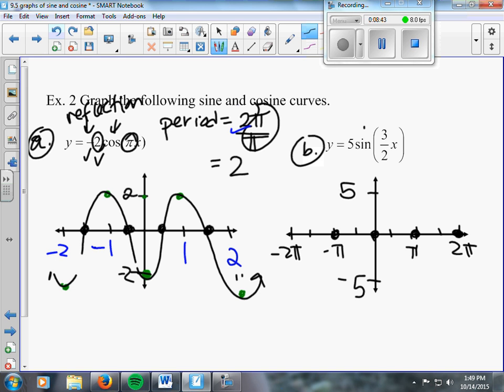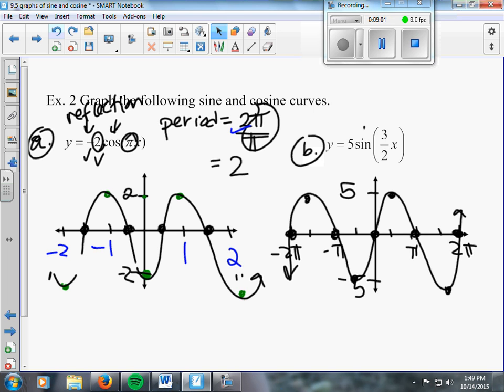So I put in the zeros right there with the multiples of pi. And then I am 1 and negative 1 at the odd multiples of pi halves. Okay. So that's my sine graph with the amplitude adjusted for, but I need to worry about this period.